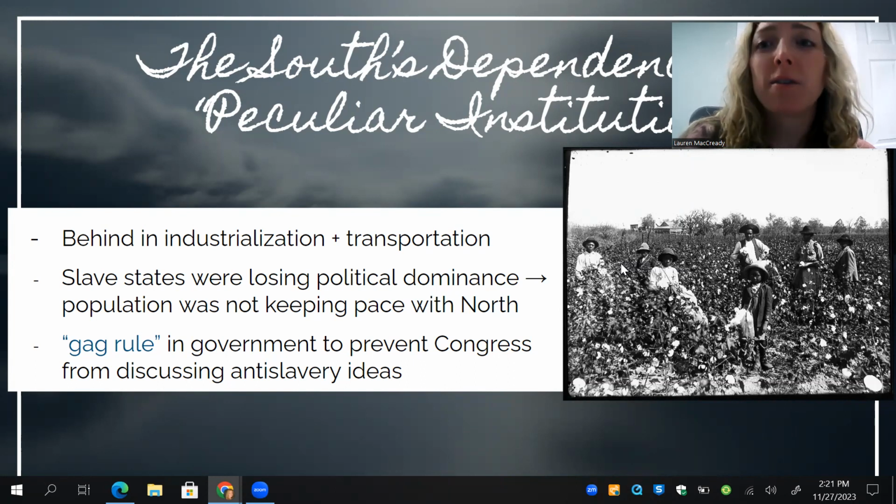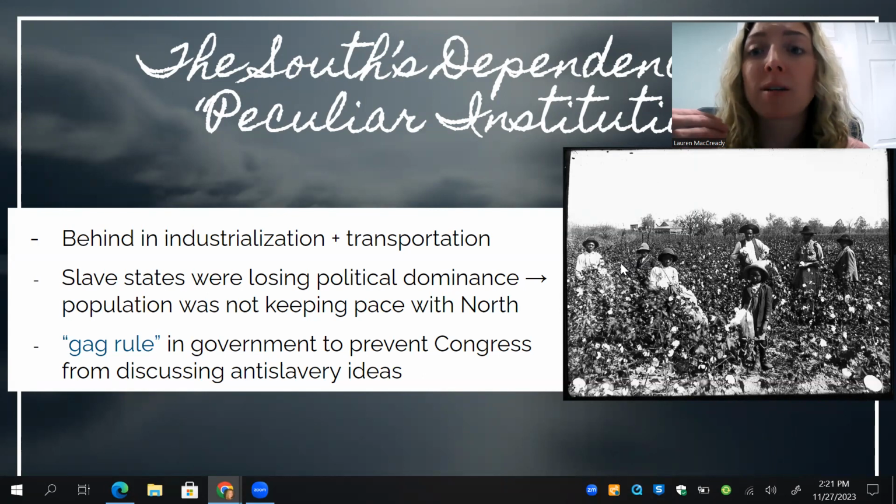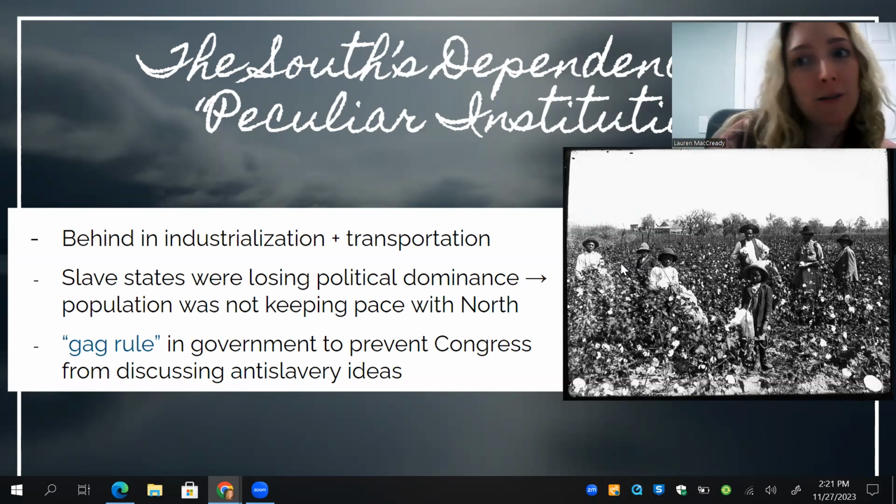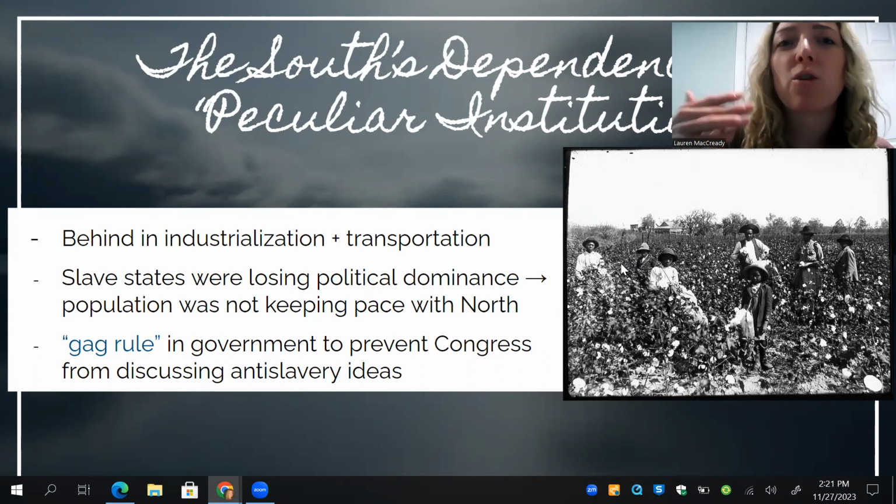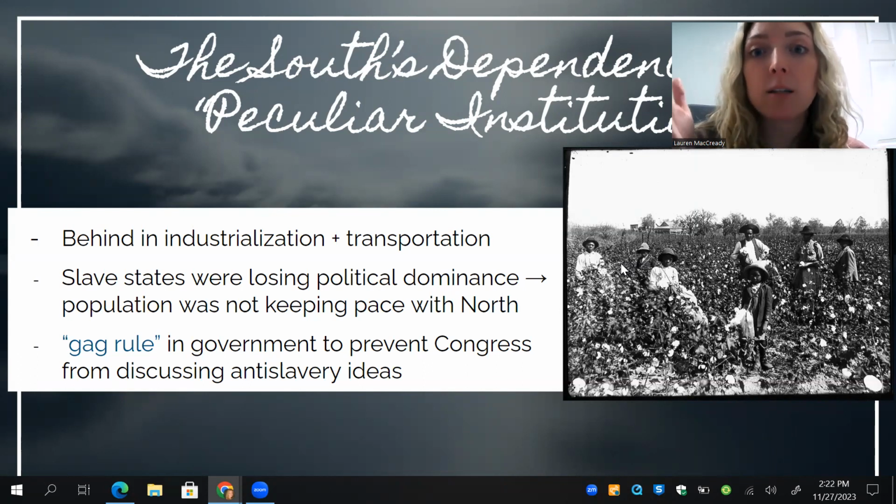What that's indicative of is how Southerners feel about slavery at the time. Like it's not a major issue. They are sidestepping it. They're like, oh, don't look behind the curtain. It's a peculiar institution. They're really trying to downplay it as much as possible.